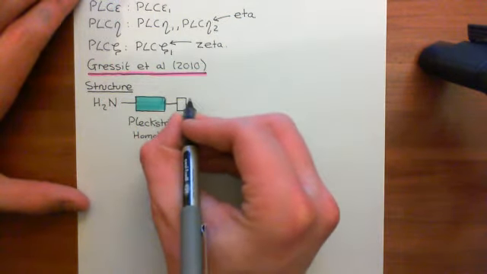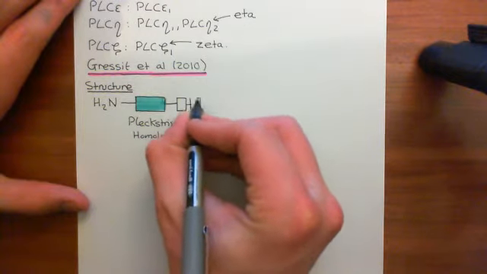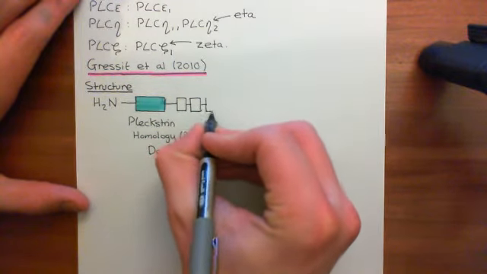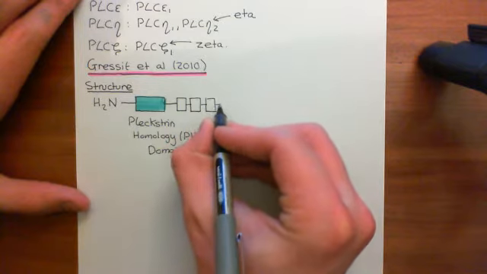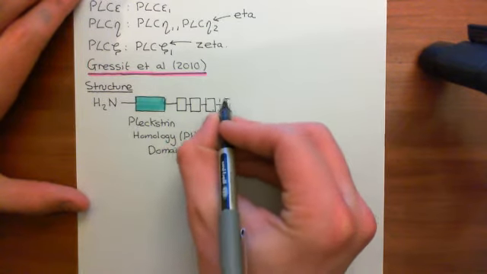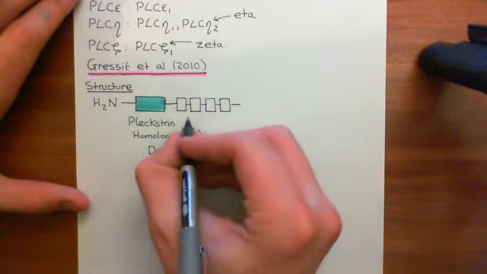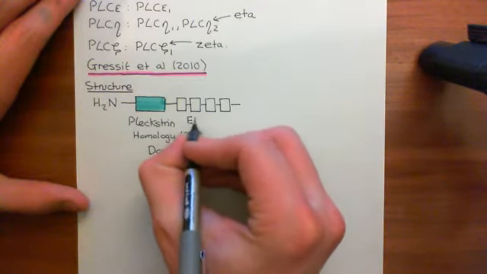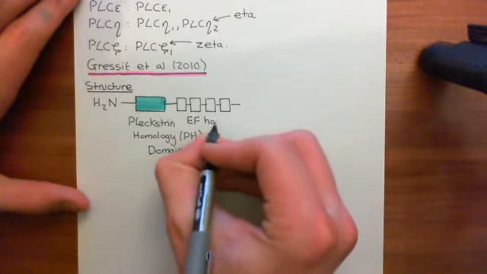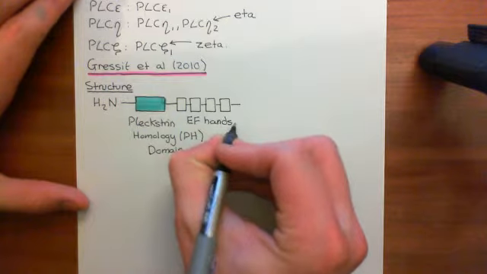Following the pleckstrin homology domain, you have domains known as EF hand domains. So I'll draw four of these EF hand domains. EF hand domains are usually extremely important in calcium sensing proteins.